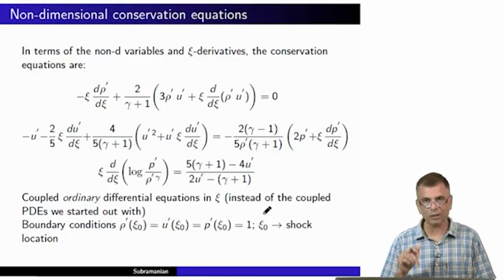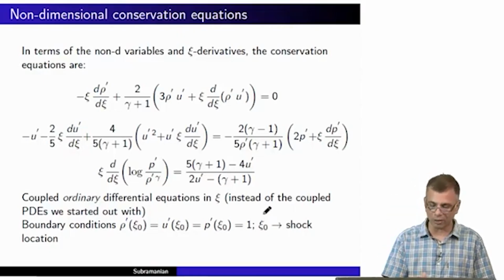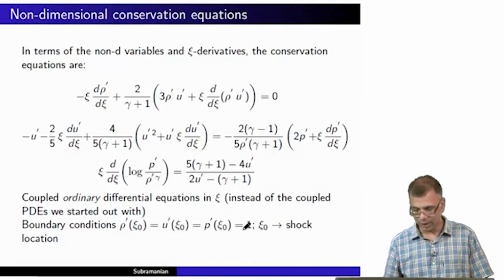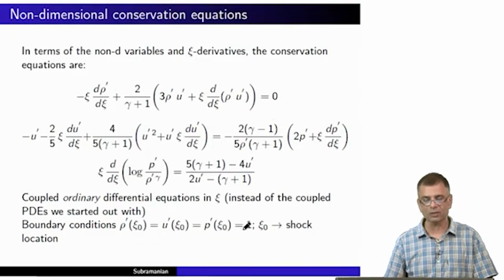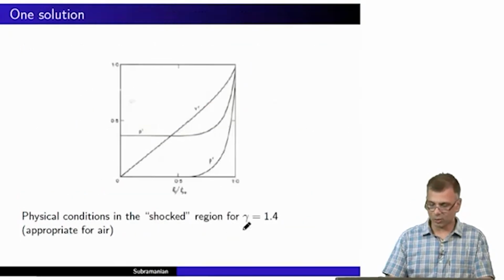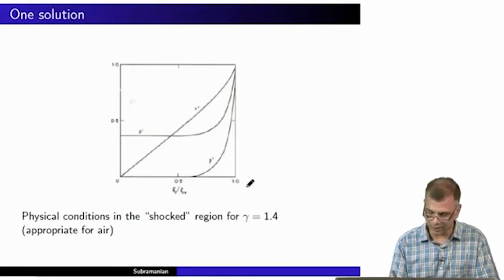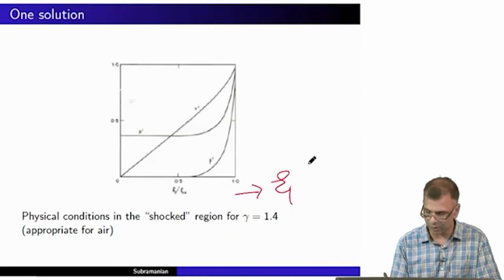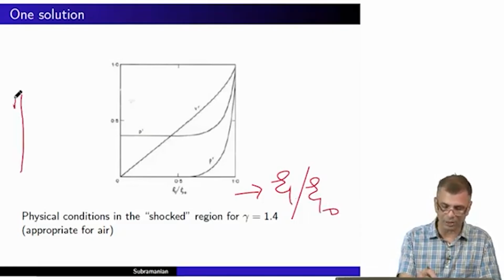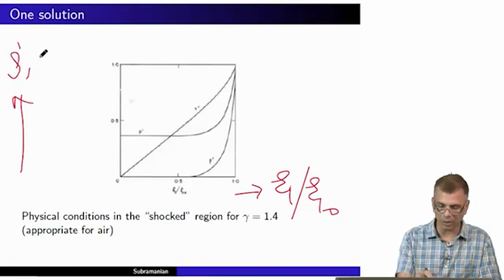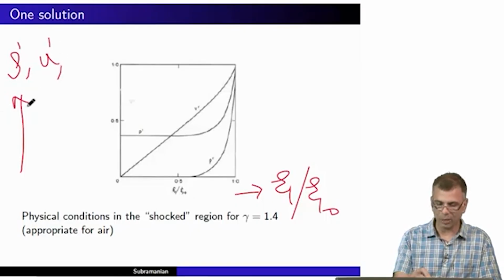Where of course psi naught is the shock location. At the shock location, all of these are equal to 1, and this is how the solution to this set of coupled ODEs looks like. The x-axis is the dimensional variable over psi naught, and the y-axis is essentially rho prime, u prime and p prime.